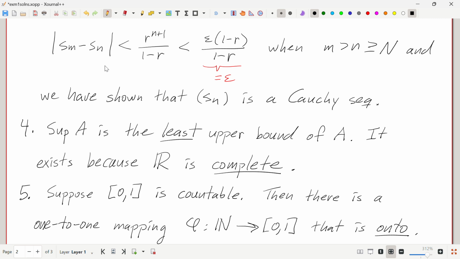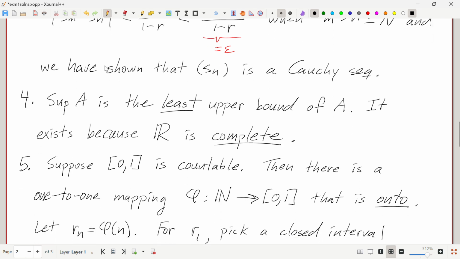But if you don't do that, you have to realize this least upper bound property is one of the basic axioms of the real numbers. And the word for that is complete. So you could either use the term the least upper bound property of the real numbers or the fact that the real numbers are complete. That's what I was fishing for there. So that's why it exists. Question about that? It was worth 5 points to somehow say that that's a fundamental principle of the real numbers. And that's why it exists. Questions about 4?